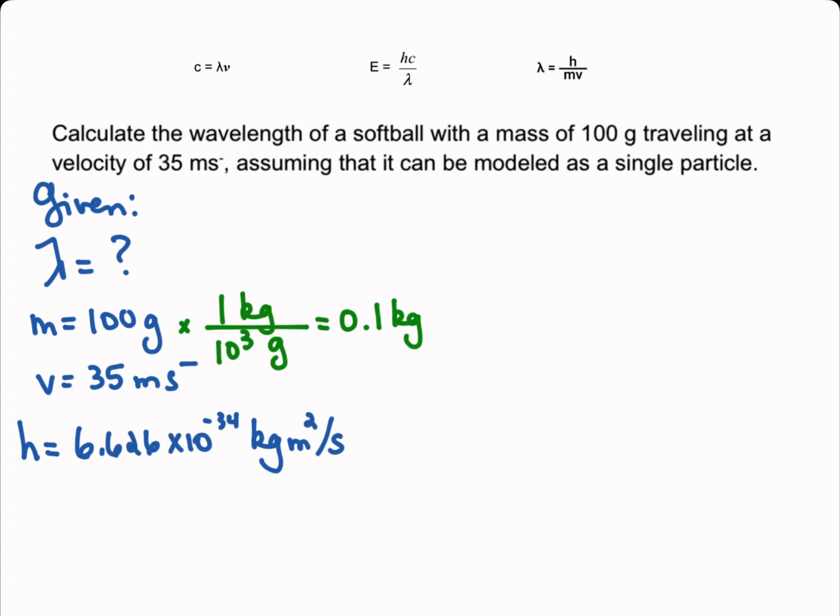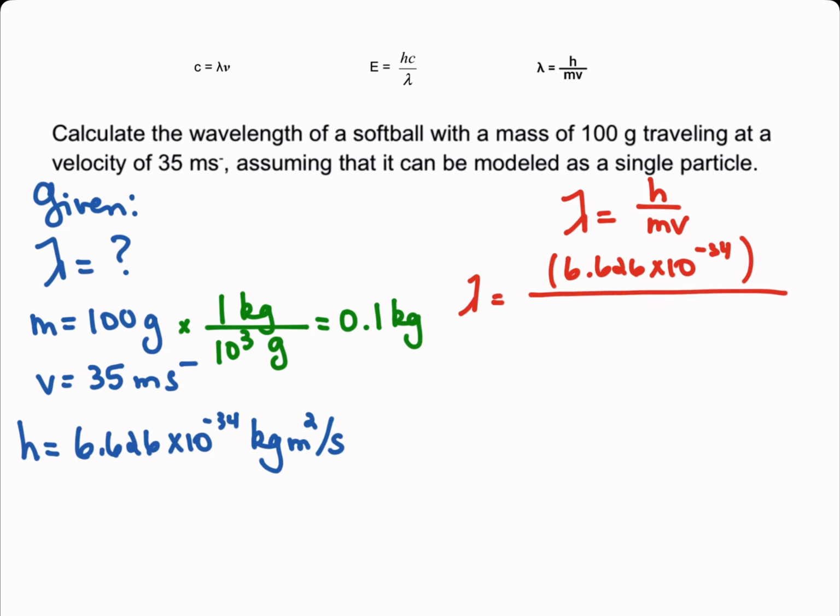Now that all of my units are correct, I can go ahead and plug this into a formula. And my final units is in meters. Good luck and keep practicing.